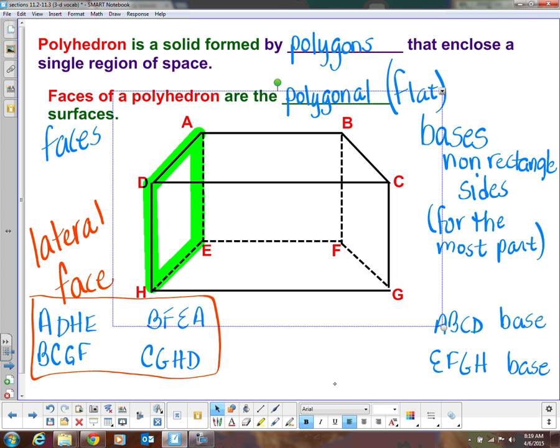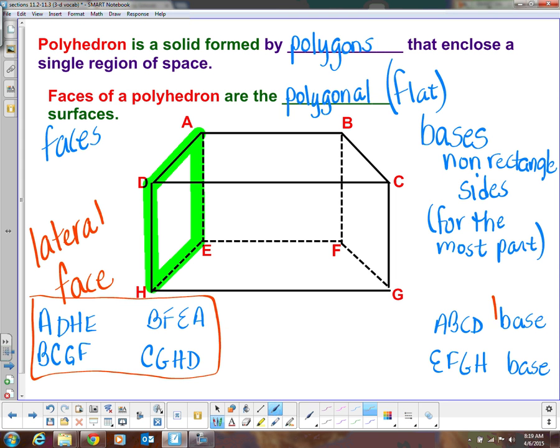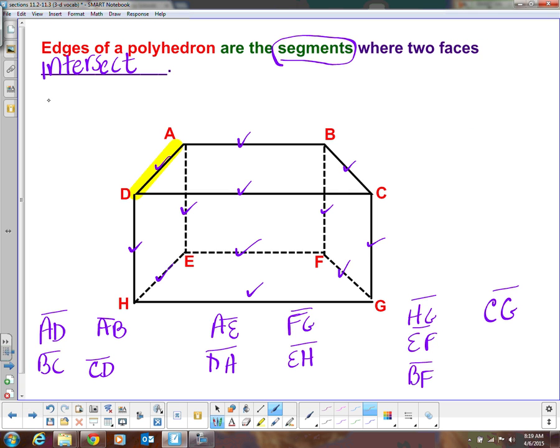Lateral faces and base faces. Now, we also have base edges, and we have lateral edges.